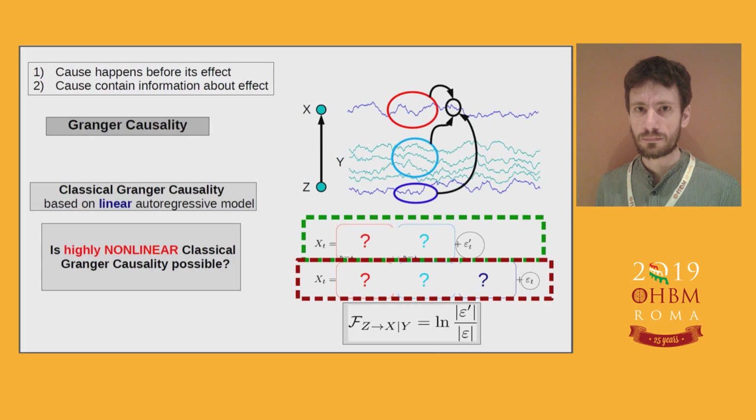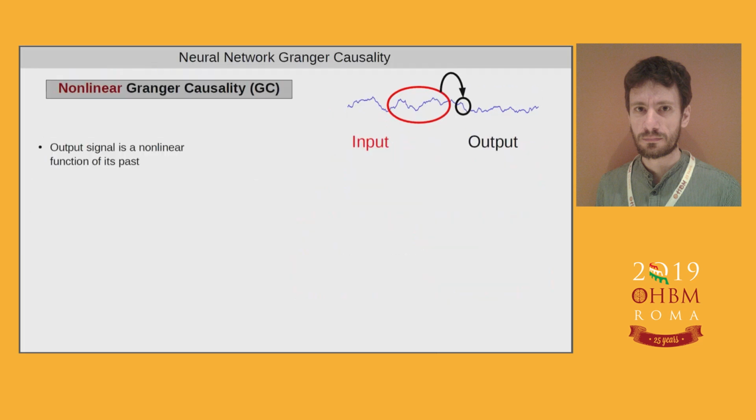For example, speaking about fMRI, I could put some physiological details of the models inside those question marks, but this is not what I want to do, otherwise Granger causality would not be general anymore. So I need to find a way to represent the output in a possibly non-linear way from the input. And today, usually we do it with artificial neural networks because they are so flexible.